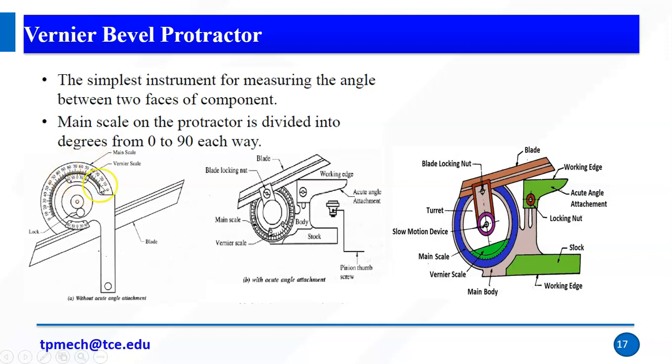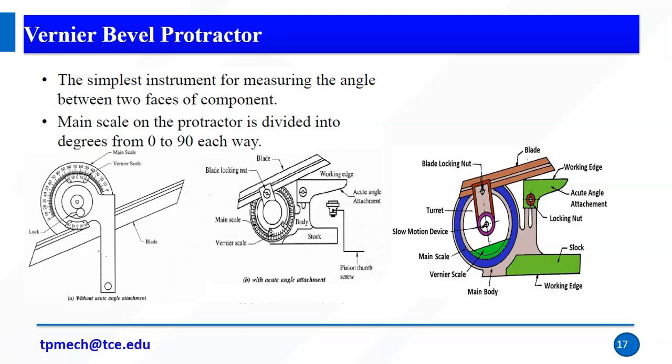Again we have a vernier scale, and we have a lock and we have some adjustment called obtuse angle adjustment. So acute angle, acute means generally the angle lies between 0 to 90. So if you want to measure this, you need a special attachment called the acute angle attachment. Right. So again the working principle is similar to our vernier caliper only.